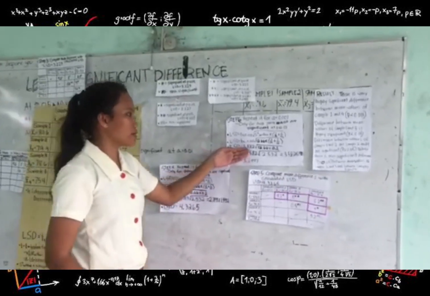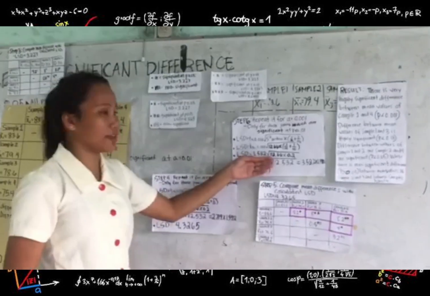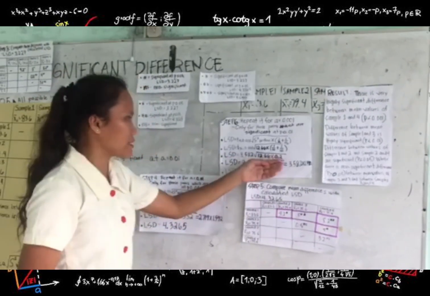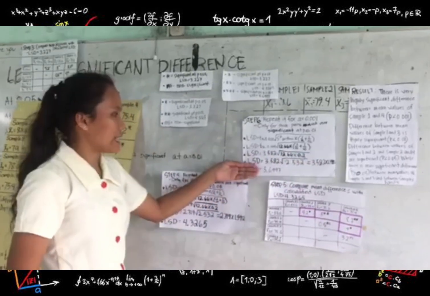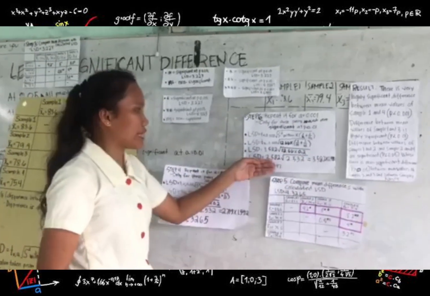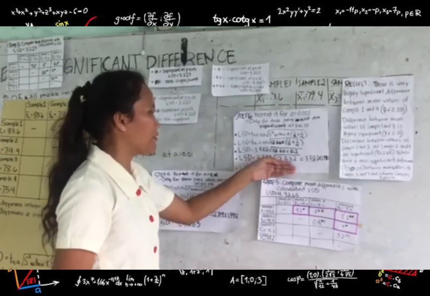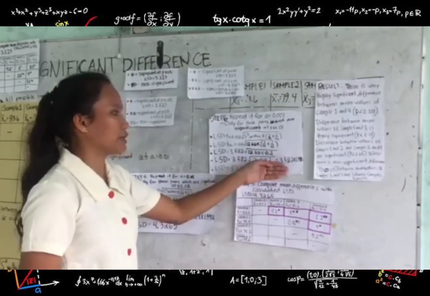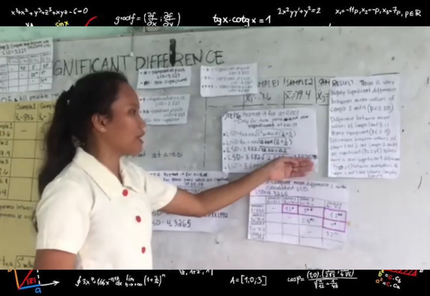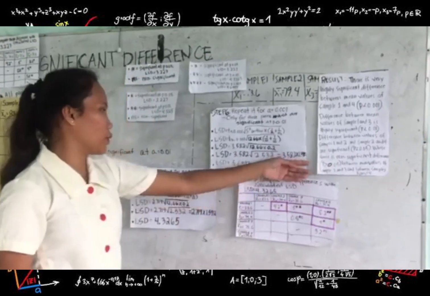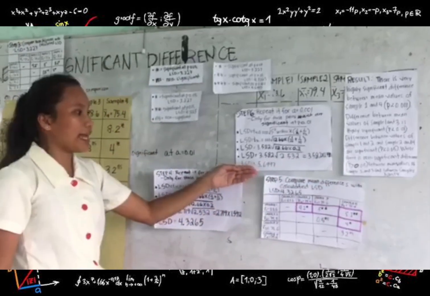The LSD is equal to 3.582 times the square root of 12.66 times 0.2, which is 3.582 times the square root of 2.532, equal to 3.582 times the given 1.5912.